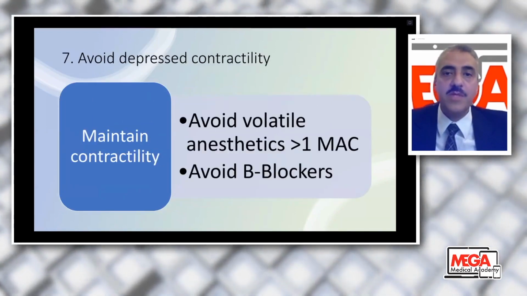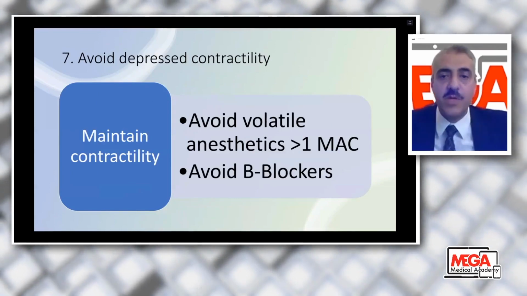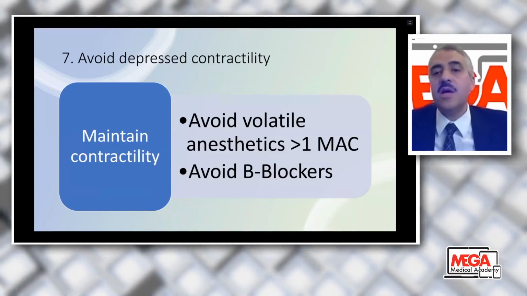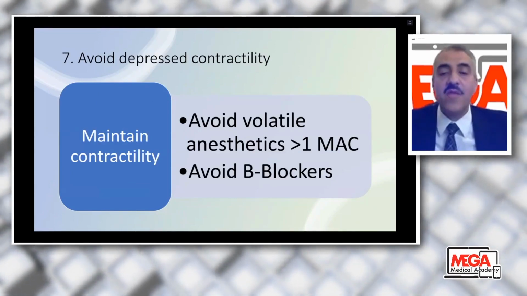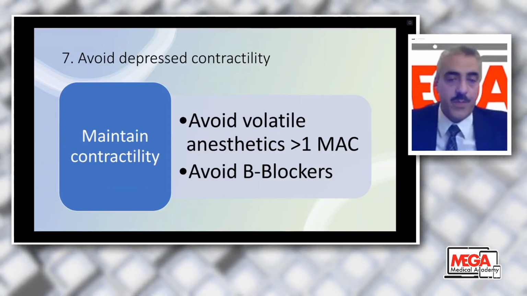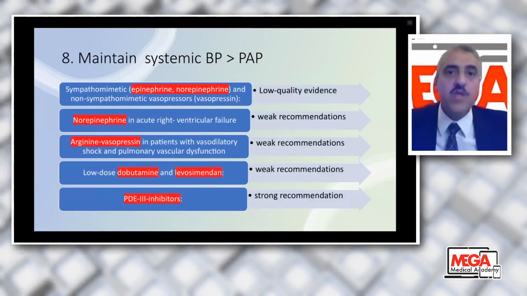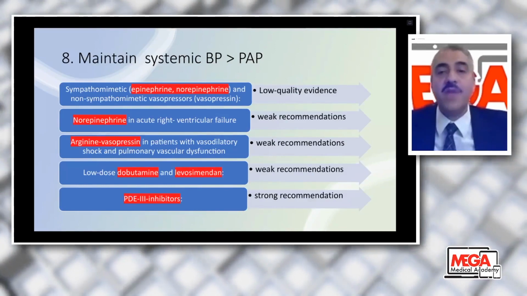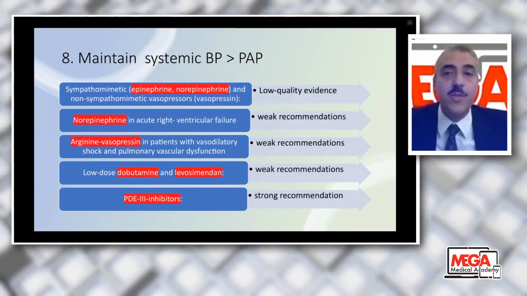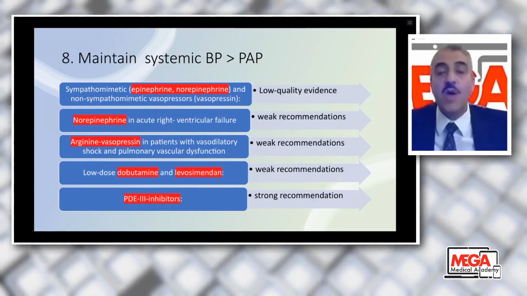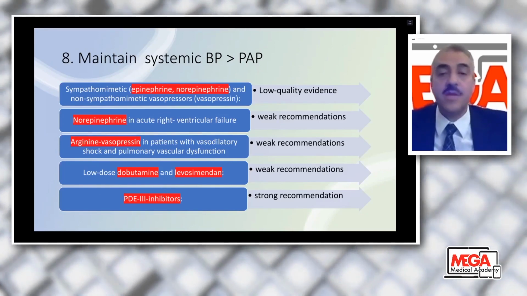We need to avoid depressing contractility by maintaining the contractility of the patient. Don't increase the volatile anesthetic more than 1 MAC and avoid beta blocker usage inside the OR. We need to maintain the systemic blood pressure above the pulmonary artery pressure. If the pulmonary artery pressure, for example, is 90, you have to increase the blood pressure to more than 90.